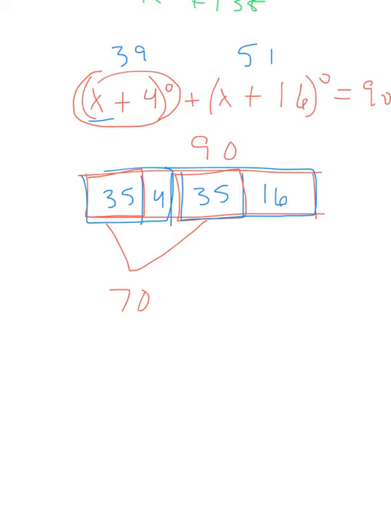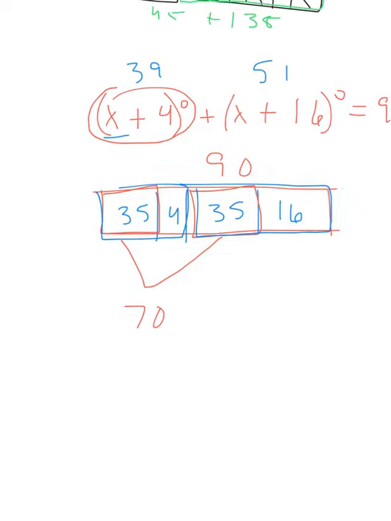What if somebody said to you that you had 2x plus 5 degrees as one angle, and let's say the other was x plus 25.